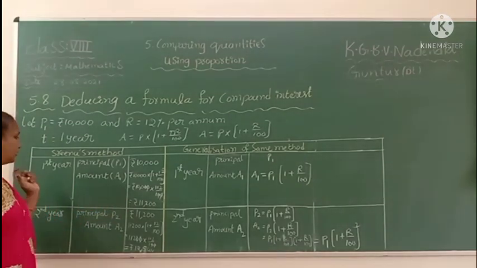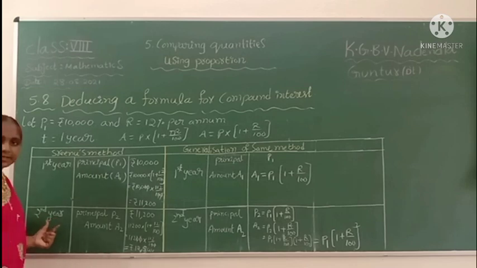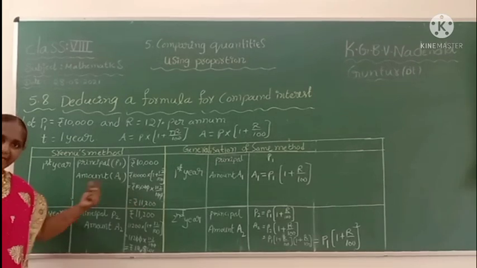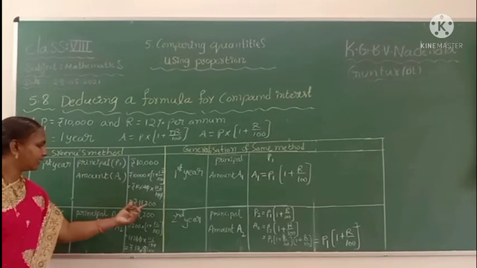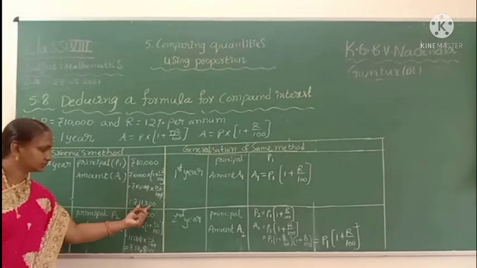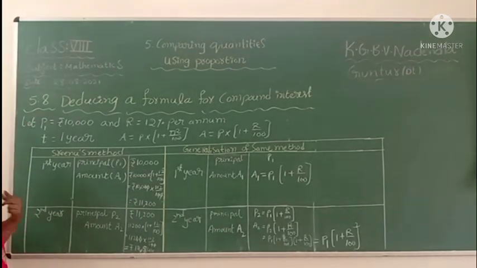We get the amount after the first year. Second year, recall, Srinu takes the first year amount as principal for the second year. So we take the first year amount 11,200 as principal for the second year.